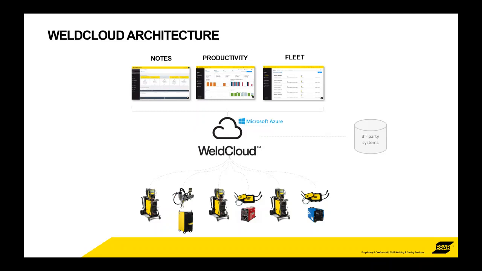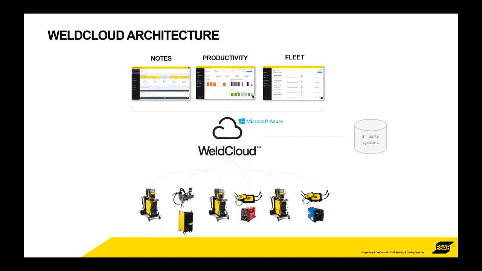WeldCloud, as a suite of products or as a platform, in essence provides a link between the welding equipment on the production floor, where we connect both ESAB equipment and also competitor products. All of this data is then provided to the WeldCloud Platform, which is built on the Microsoft Azure platform.